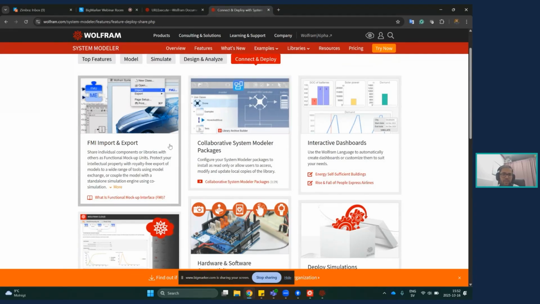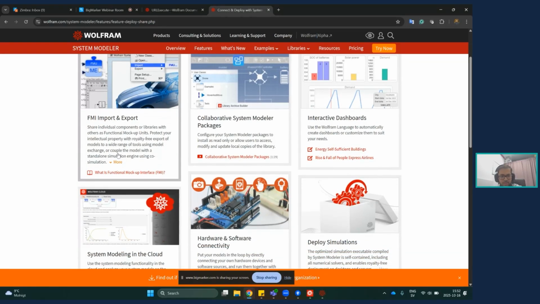Or once you create a model, you can create something called an FMI model, which you can import into 250 other simulation tools. So let's say you are using simulation tool X, and you want to use the model that you have created in System Modeler. You can export it as an FMU and use it in other tools as well.